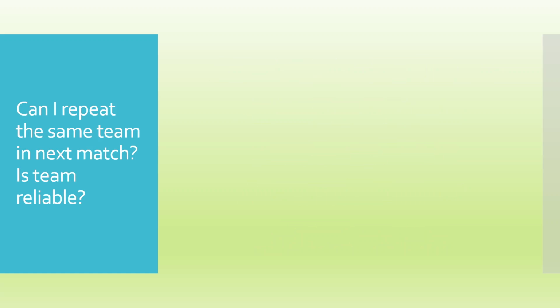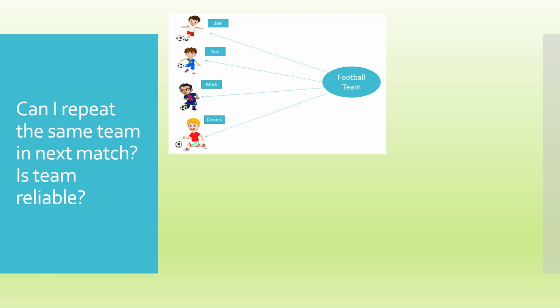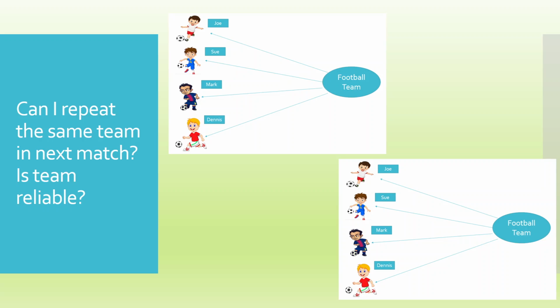Just try to recall our football team. I request all my viewers to refer to my previous video so that you can understand the flow of this series. If I repeat the same football team, will I be able to reproduce the same result? If yes, then my team is reliable.